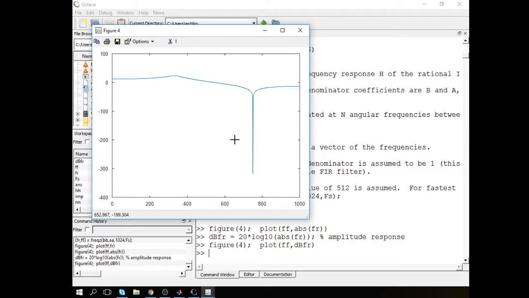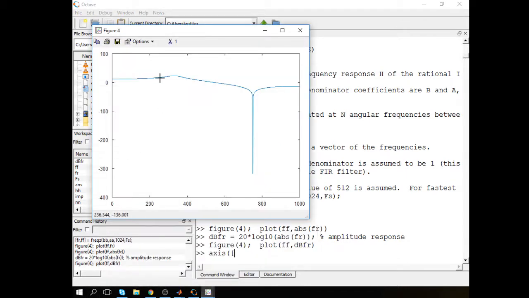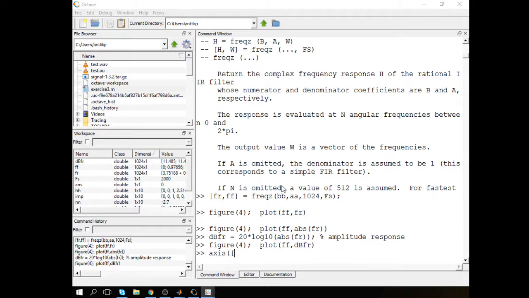Better. Okay. I wanted to plot it here since now I can actually select the axis so it zooms correctly. Where to put the axis?